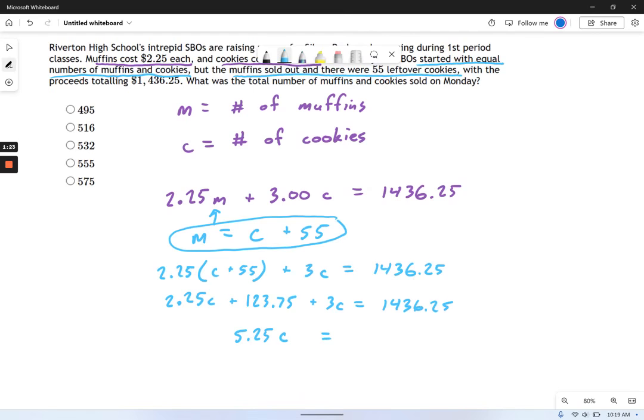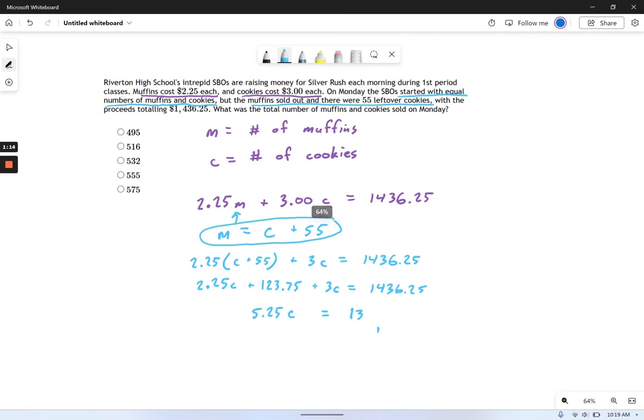And I'm going to subtract 123.75 from this other side. So that becomes 1,312.50. Okay, I've got something like this. This is my new equation, and if I just divide each side, I can figure out C.